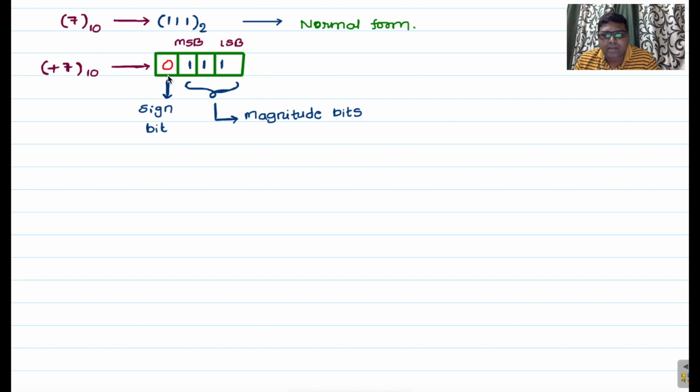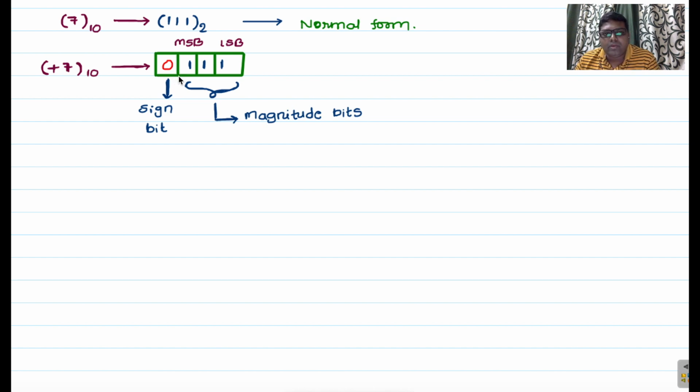The starting bit is the sign bit, which decides whether the number is positive or negative, and the rest of the bits indicate the magnitude value. Triple one means, obviously, 7. This 0 is the sign bit, and with the help of 0 we treat this as positive 7.